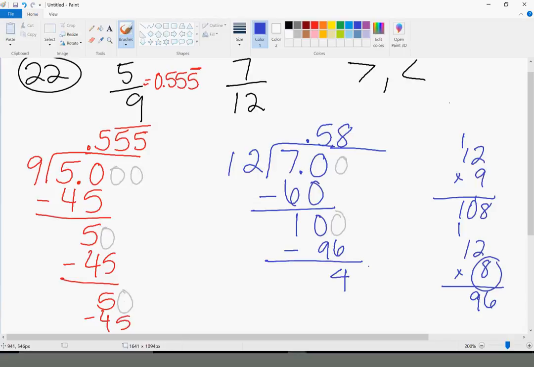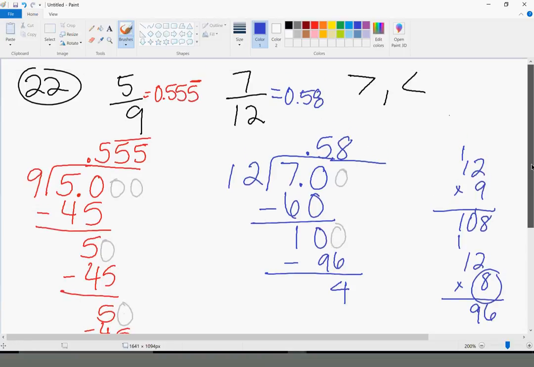But we can actually stop here, because we'll say 7 twelfths is equal to about 0.58. But we already found that 5 ninths is 0.55. So that means that the first fraction, 5 ninths, is less than 7 twelfths. All right?